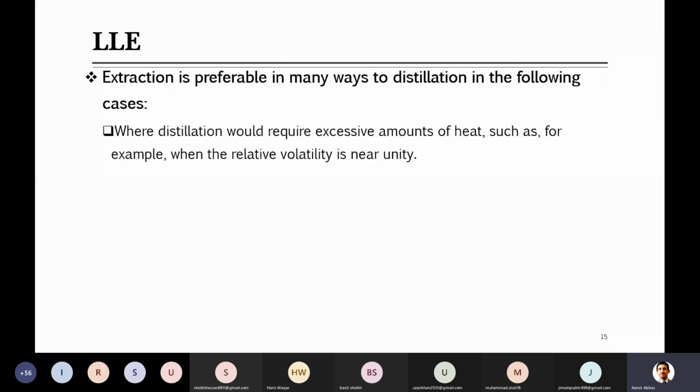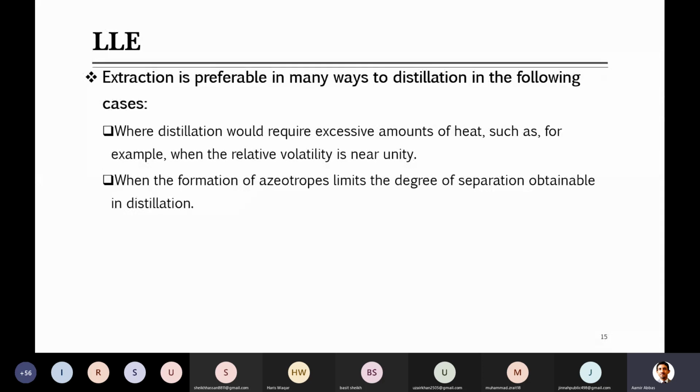So for example, distillation may require excessive amounts of heat, as in the case of acetic acid, or other cases where the relative volatility is near unity, meaning they are close boiling and it is not easy to separate. When there is formation of an azeotrope, in that case again it is a difficult separation.